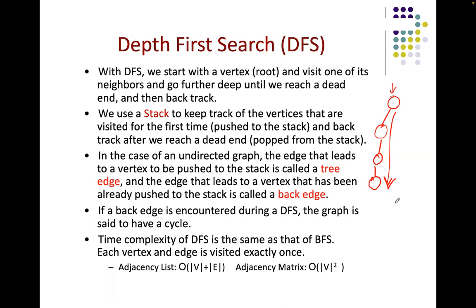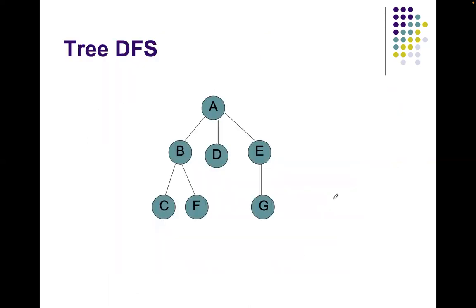We'll stop when we cannot go anymore, and then we start doing the backtracking and look for whether we can find more nodes. In this strategy we are going to use a stack instead of a queue. First, we are going to show you an example of how a depth first traversal works in a tree.